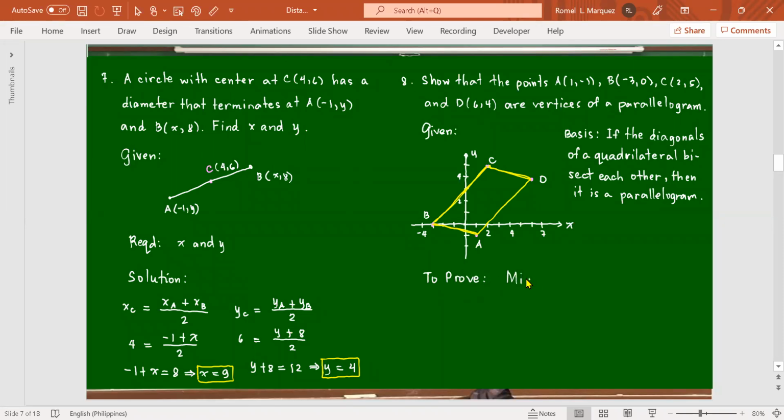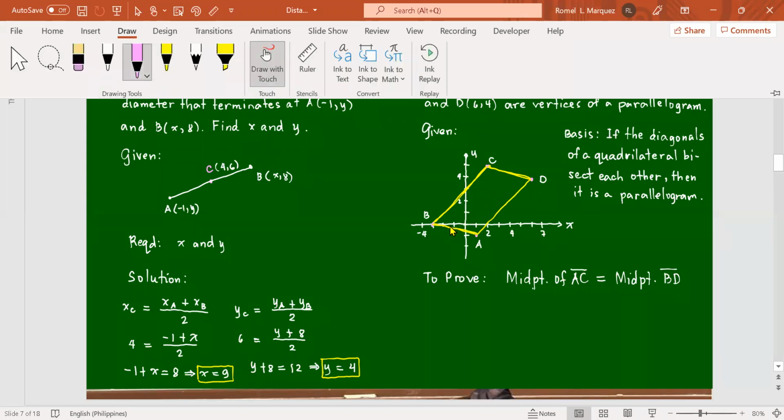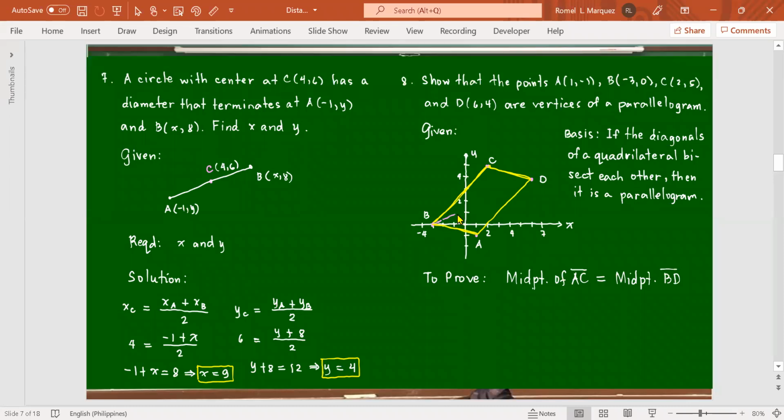Midpoint of AC is equal to midpoint of BD. Okay, guys, so this is it. Let's use another color. This is the diagonal. Another diagonal.